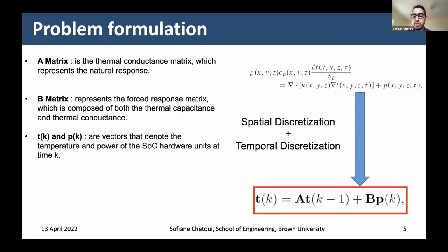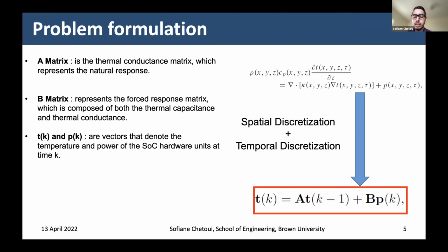The A and B matrices are modeling matrices that depend on our circuit. The A matrix is a thermal conductance matrix, which represents the natural response in the absence of power. So it could describe, for instance, the cooling process of the processor or the circuit. And the B matrix represents the forced response matrix, which is composed of both thermal capacitance and thermal conductance.